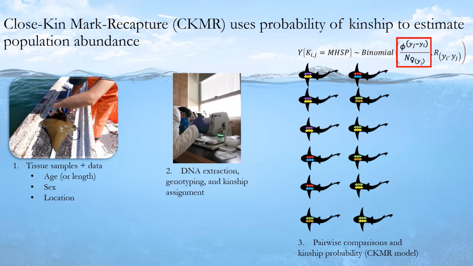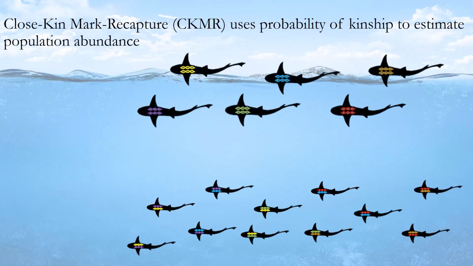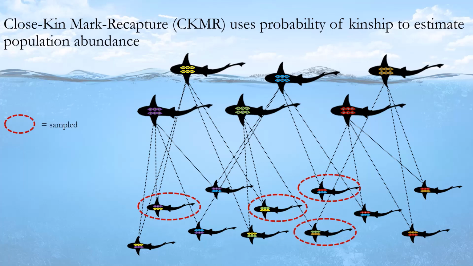And so this is a very high-level overview of the steps involved in a CKMR project, and we'll dig into more detail later. But for those who are more visual, I want to offer a little illustration to build intuition about how CKMR works. So here, let's imagine that we have adults up top and their offspring down on the bottom, and the dotted lines represent parentage. Let's imagine that we sample 4 juveniles from this population.